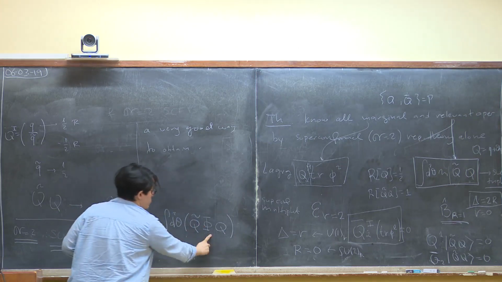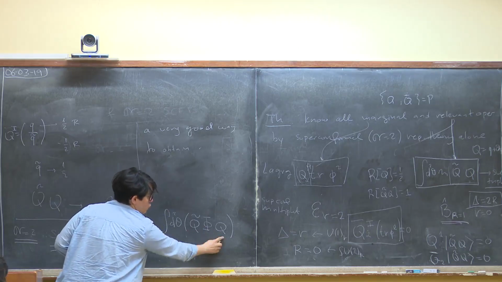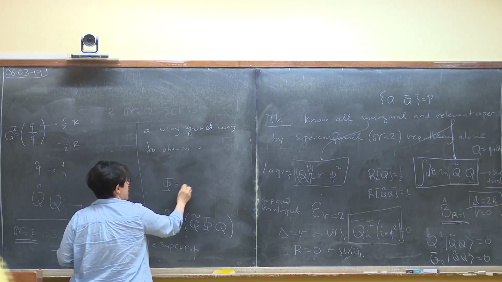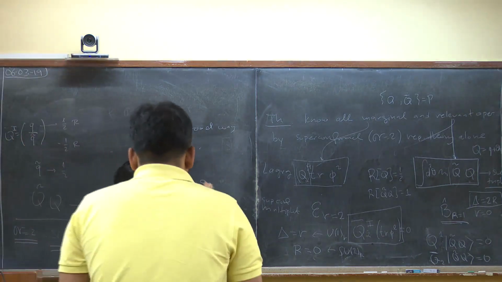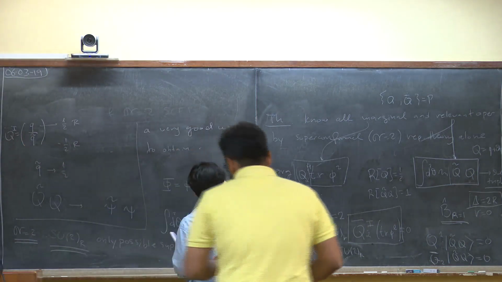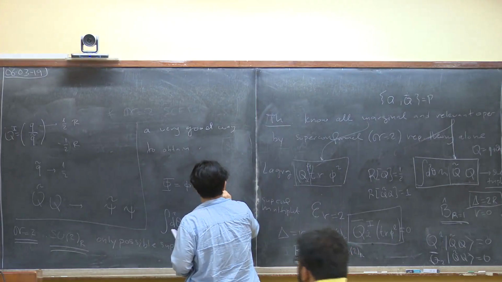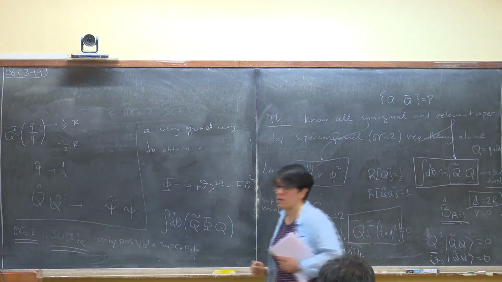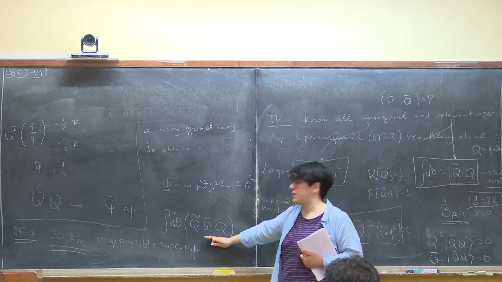Here a new object appeared: Q and Q tilde are the superfields for the hypermultiplet. Phi is the N=1 chiral that has one of the two. So that's the only thing that is allowed.